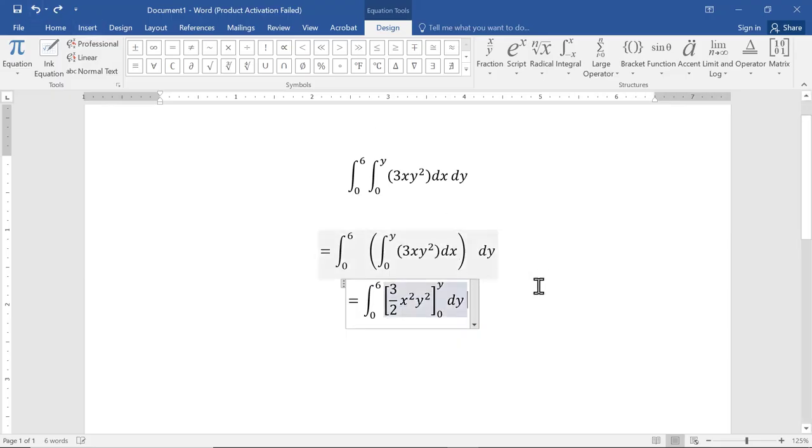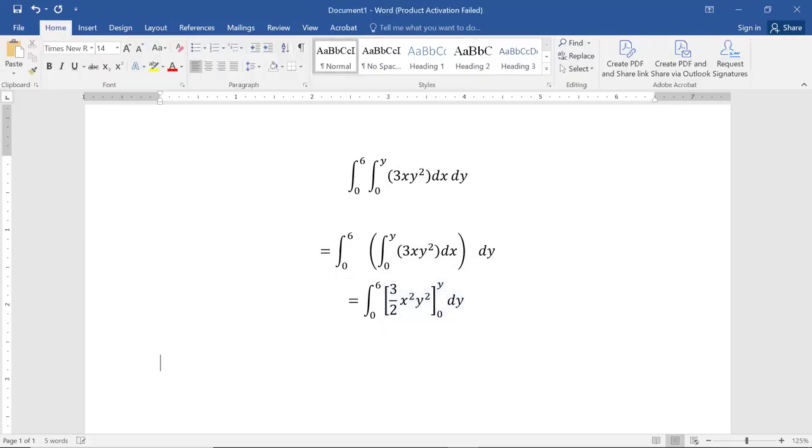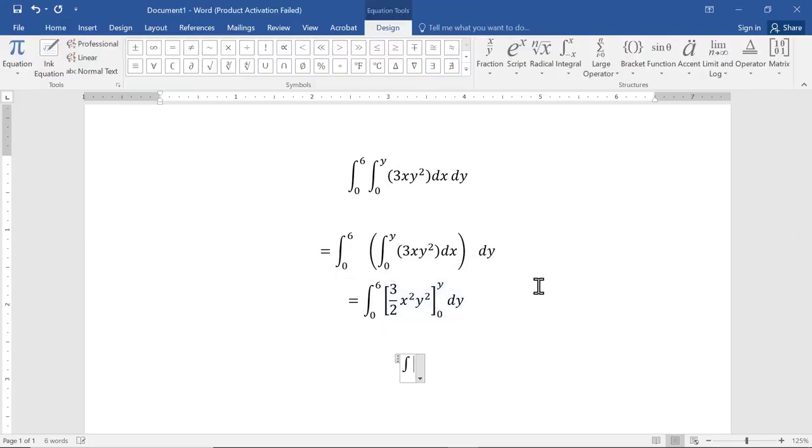So what you end up with is an integration from 0 to 6 of 3/2. So when I plug in y, I get y squared times another y squared. When I plug in 0, I get 3/2 times 0 squared times y squared.